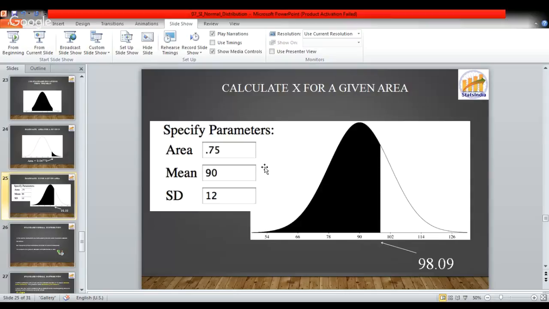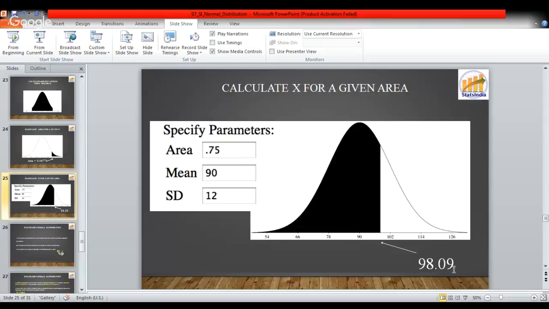These are the marks of the students, and they know the average marks and the standard deviation of the marks. If they want to find the area of 80%, so if you put area equal to 0.80 here, it will give you the value.